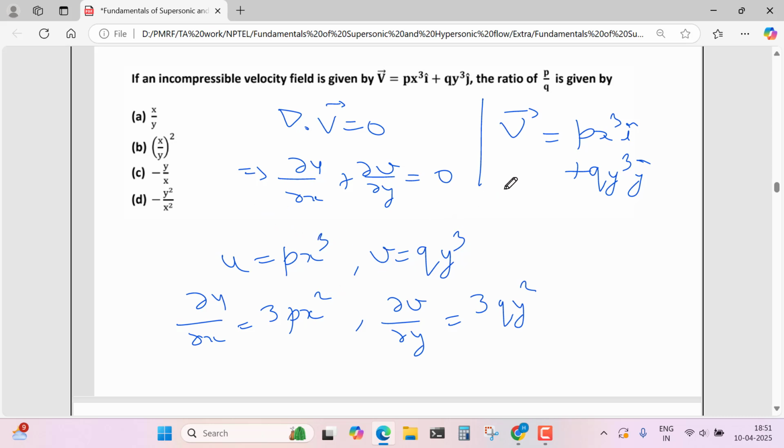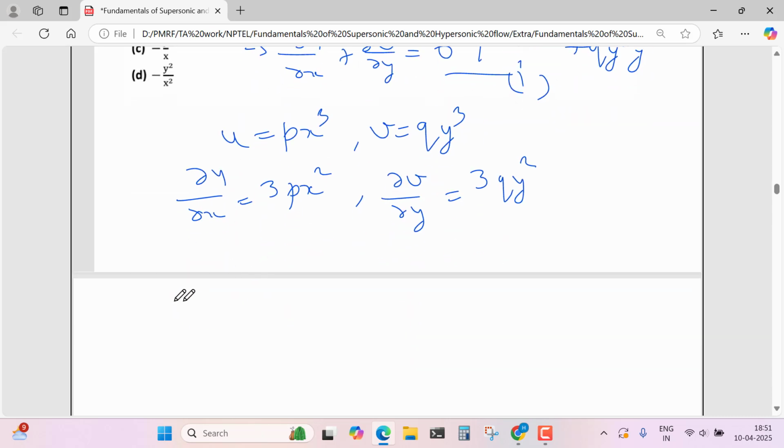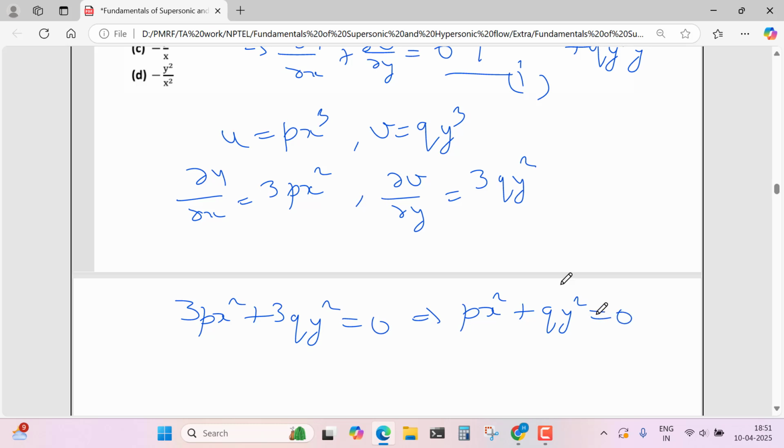If we put this in the incompressibility condition, we'll get 3p x square plus 3q y square equal to 0, or simply p x square plus q y square equal to 0.